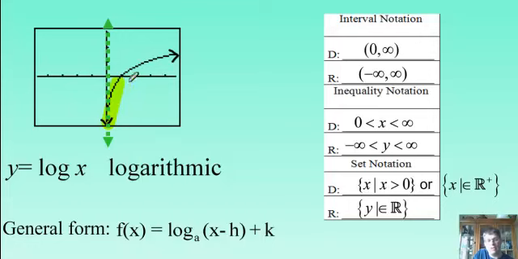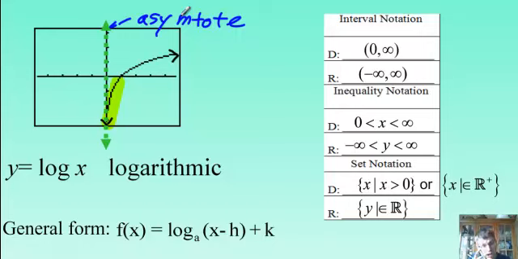We represent it with a dashed line, and that dashed line has a name, and it's called an asymptote. So it's an invisible line that our graph approaches but will never touch or cross.